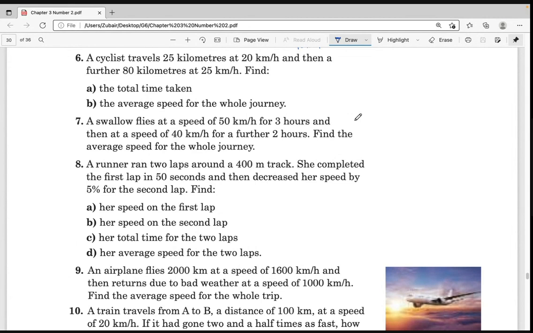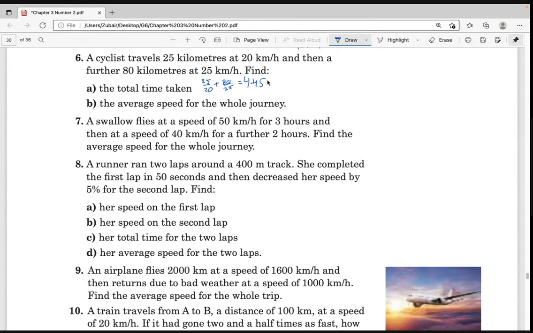It is still doing. Yes, sir. Almost done. Any confusion? No, sir. Sir, total time taken will be 4.4 hours. 4.45, 4.5.